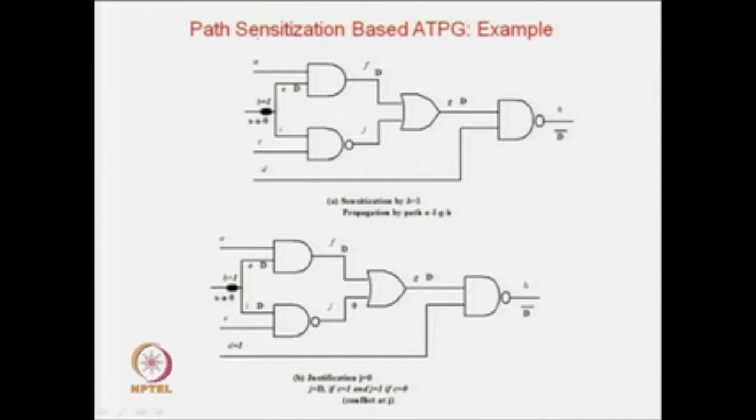Many times we have to go for iteration: you sensitize the fault, propagate its value to the output, then find that this cannot be justified, that there are no primary input combinations which can justify the sensitize and propagate steps. So again you have to find some other paths or alternative mechanisms. But this problem of backtracking is not there in random test pattern generation. We will now see an example, and then it will be clearer what we mean by backtracking.